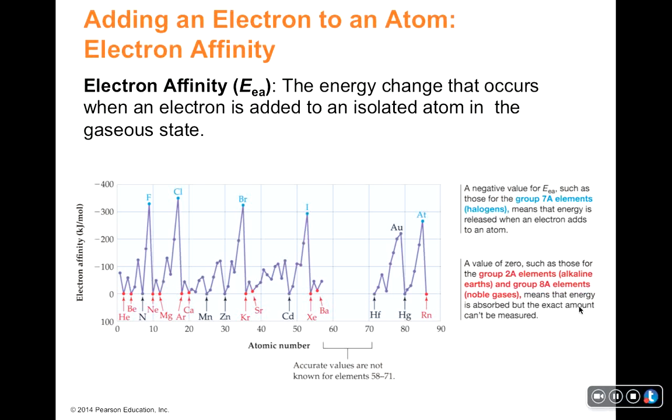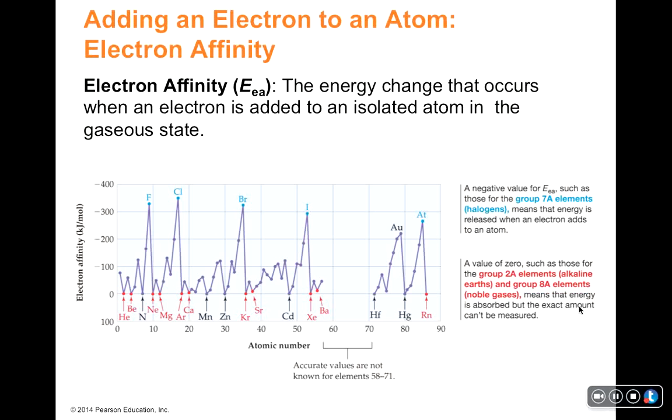Here we're talking about the energy change that occurs when an electron is added to an atom. So if, for example, an atom really wanted another electron, it would have a high electron affinity. If you think of affinity as like for or attractiveness for, the higher that is reflects the fact that it really would like to get another electron.